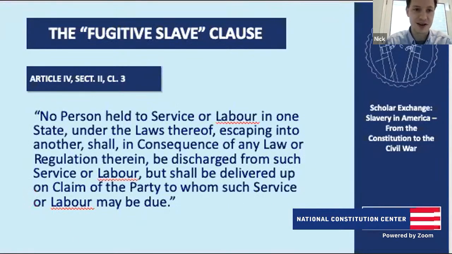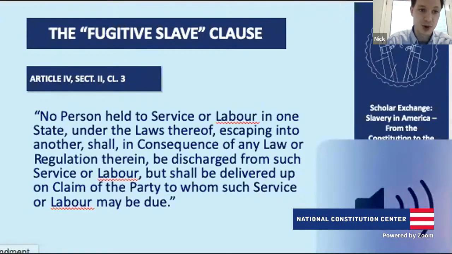The Fugitive Slave Clause, as we'll talk about, was not actually all that controversial during the writing of the Constitution. It was also taken from another text, the Northwest Ordinance, and it required Congress to act. So you'll see that it refers to fugitives, right? And persons held to service or labor. There's that term again, right?